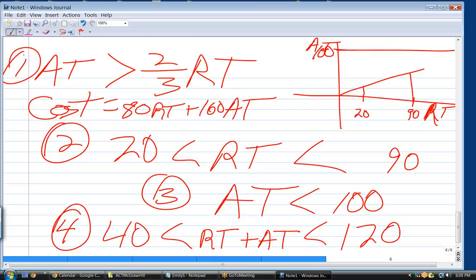And finally, RT plus AT has to be greater than 40, less than 120. Well, that's the same as saying X plus Y has to be greater than 40 and less than 120.